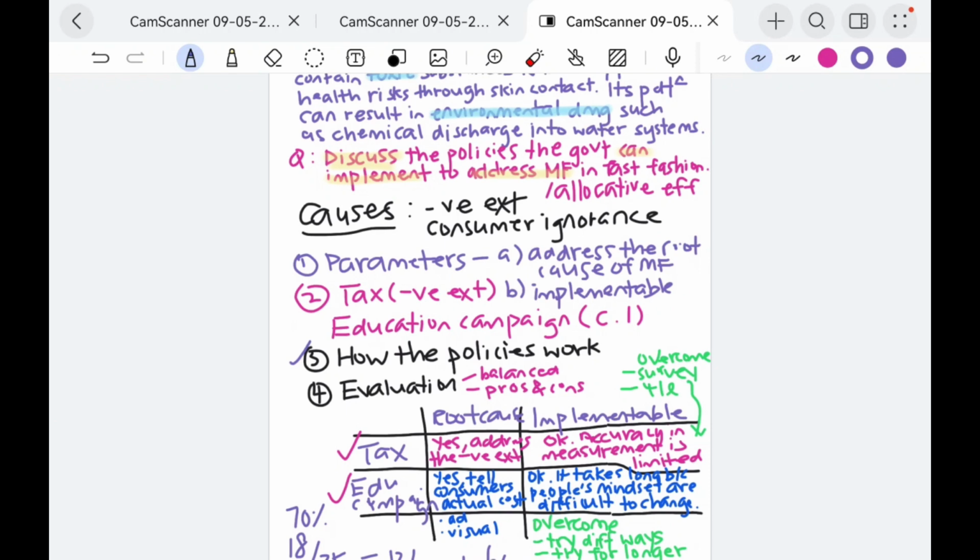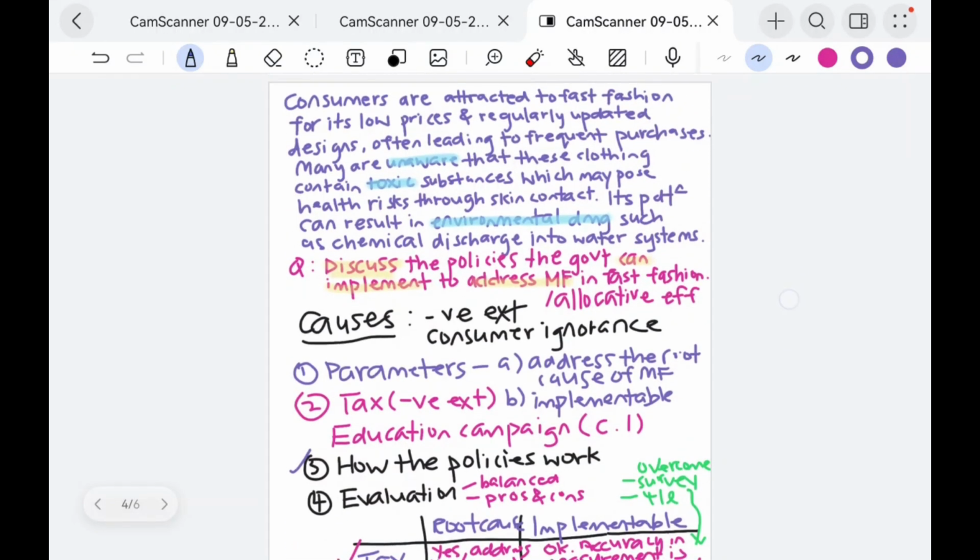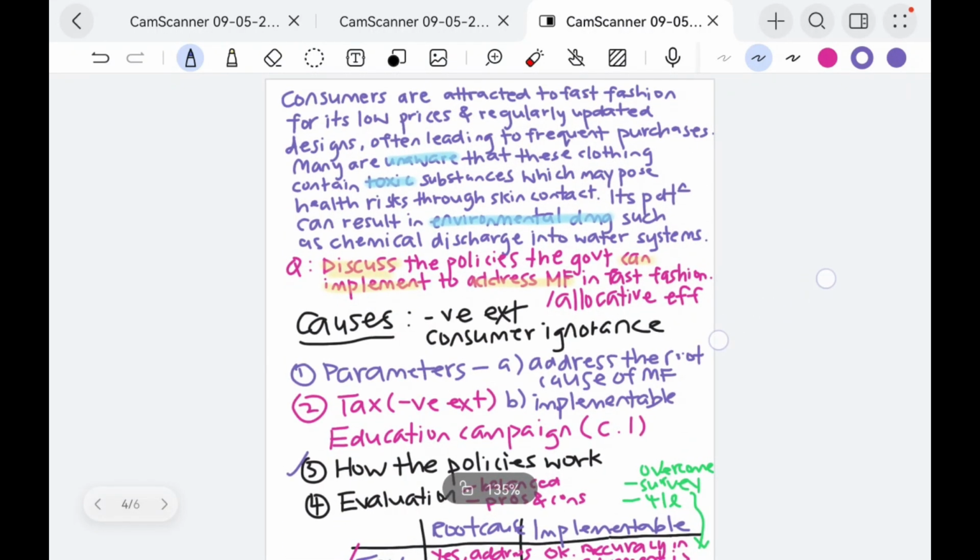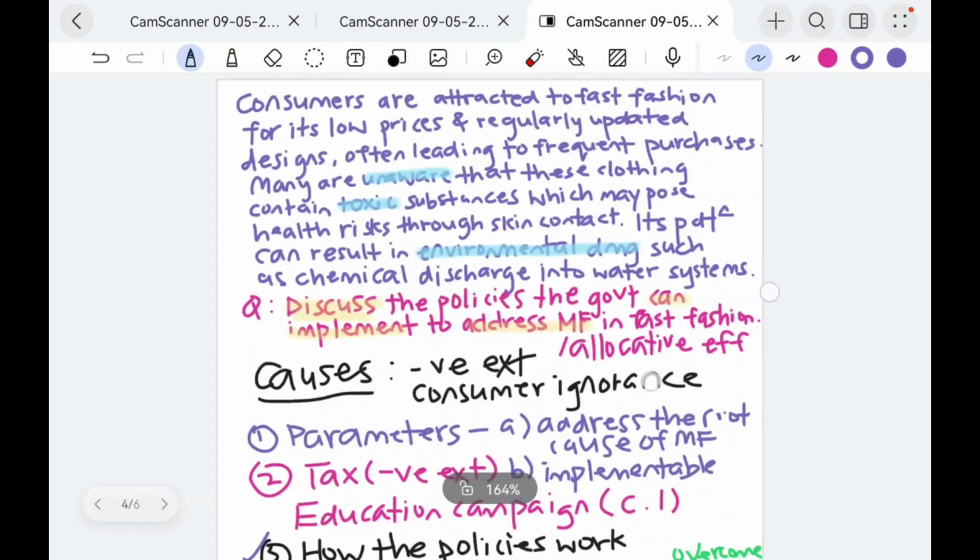Even if you are not able to weigh it very well against the parameter, if you state at the start that you are going to use these two parameters to determine if the policy can be implemented, then the examiner will know that you have a structure in mind, and may probably award you for that parameter part.